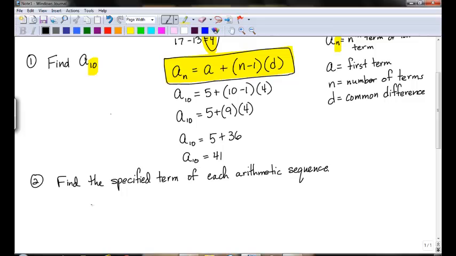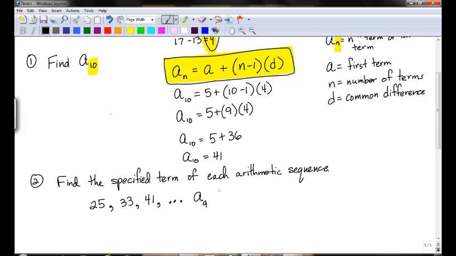Okay, and let's say they give you the sequence 25, 33, 41, and put 3 dots, they want to know what is the 9th term.